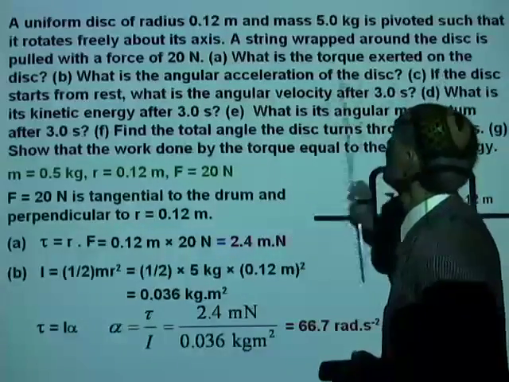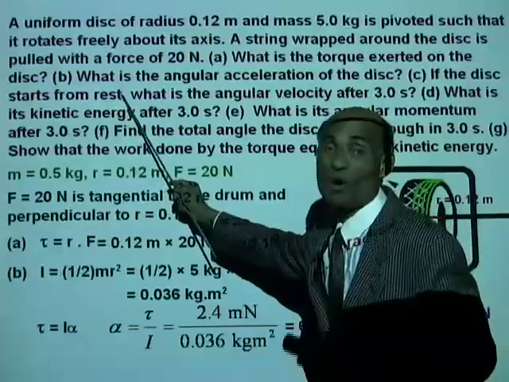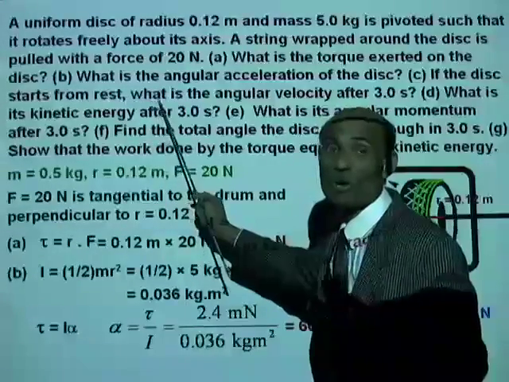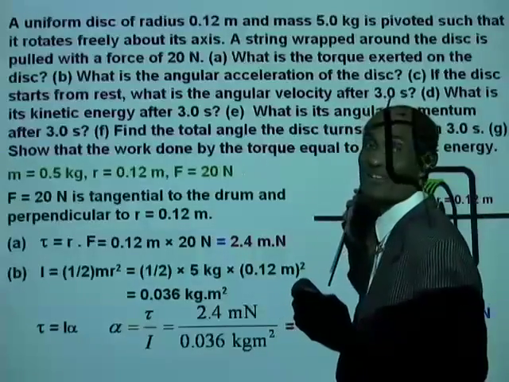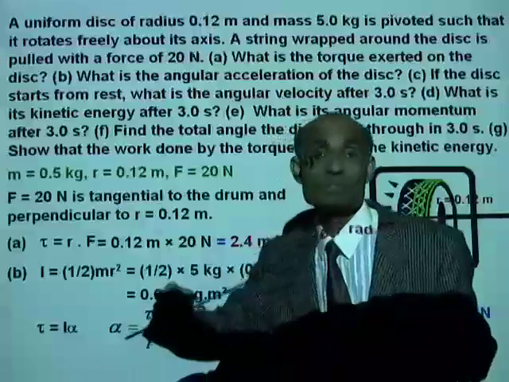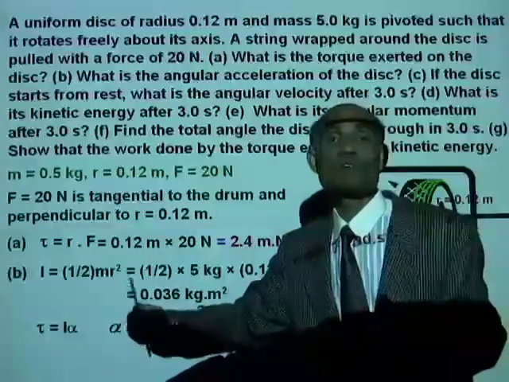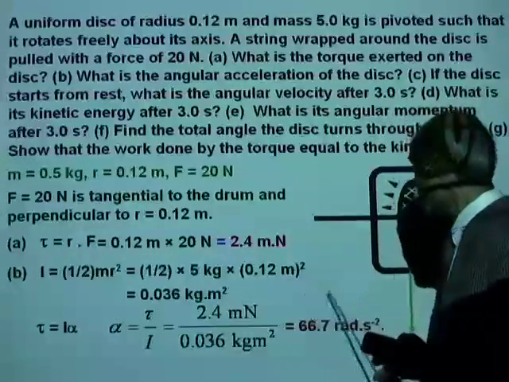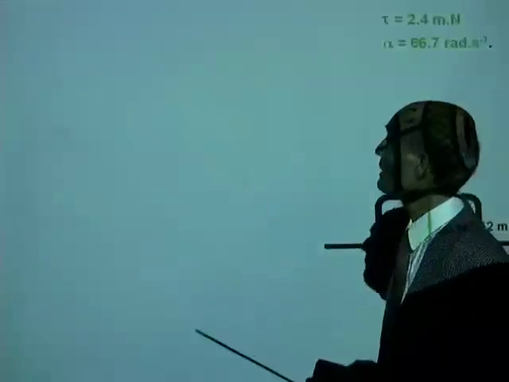What's part C? If the disk starts from rest, what does that mean? Omega 0 equals 0. What is the angular velocity after 3 seconds? Well, simple use of the formula: omega f equals omega 0 plus alpha t. We will carry the alpha value with us.